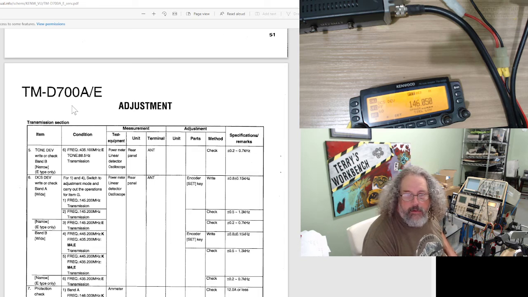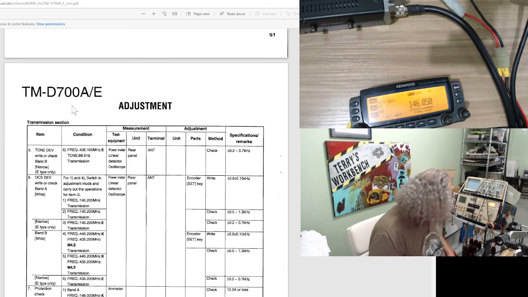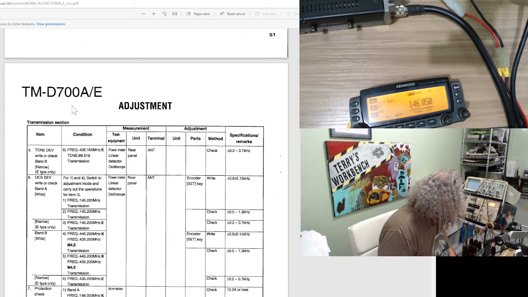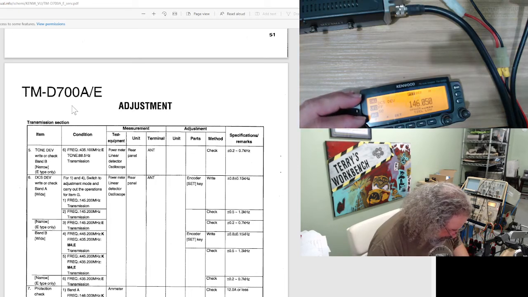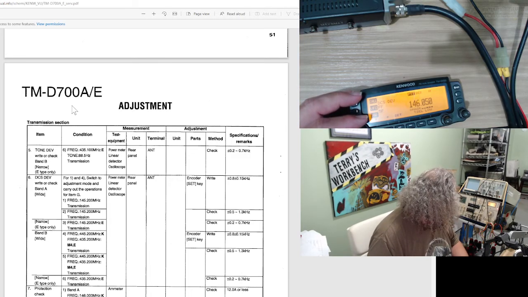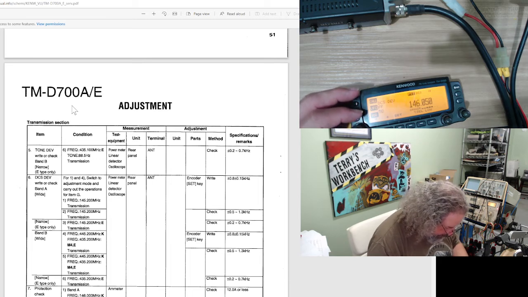It's a bit loud. Saying 0.8, but yeah, that's a bit high. There we go. All right, we'll go with that.